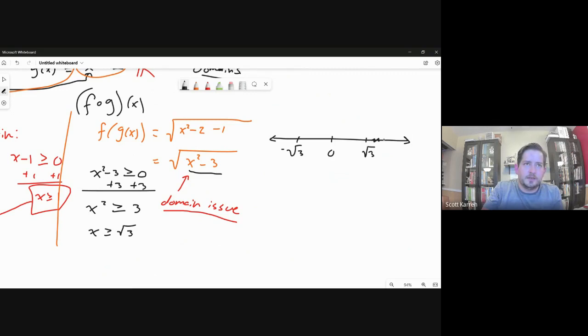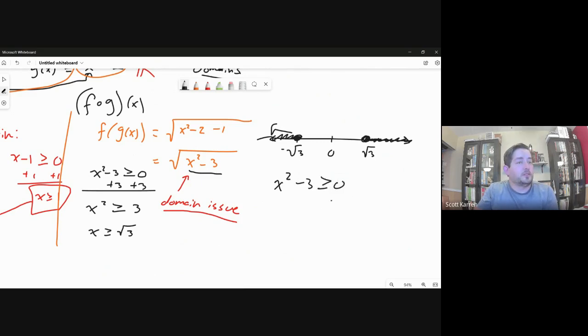That means all of these numbers over here satisfy it. But since it's an x squared, anything that's to the left of negative square root of 3 is also going to be larger than 3 when I square it. So that is this portion over here, right? That would be like one of those problems where we had to graph and solve. If you look at it like this, x squared minus 3 is greater than 0.